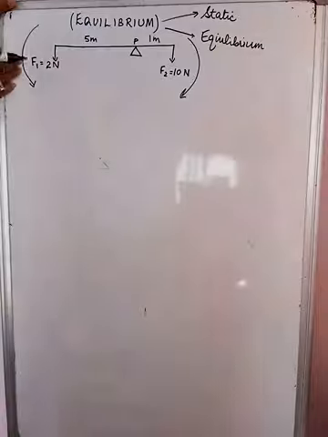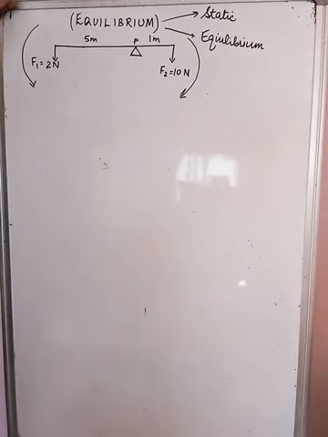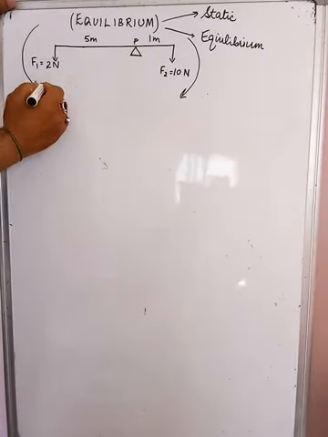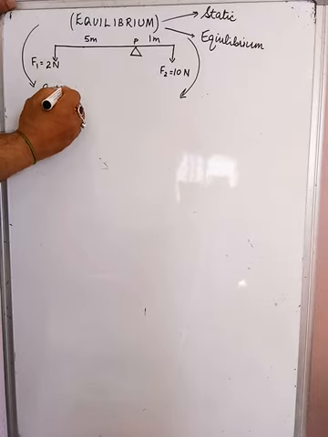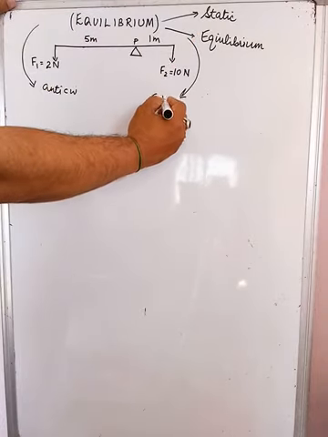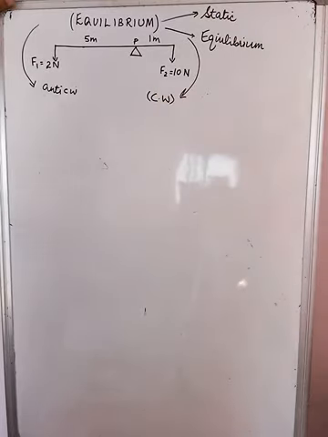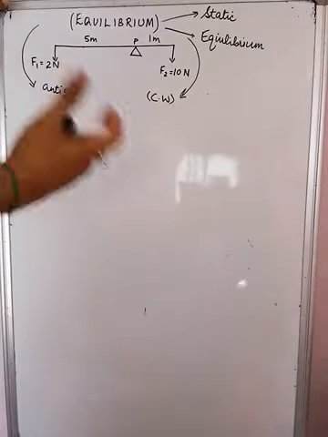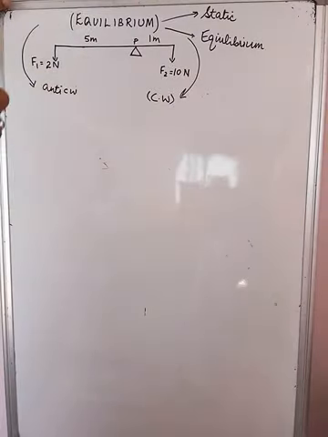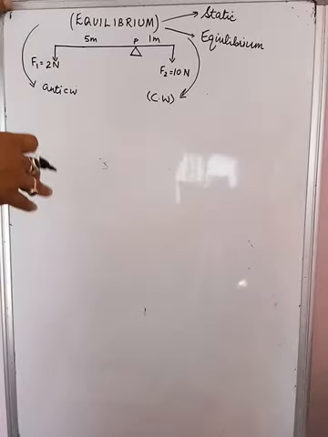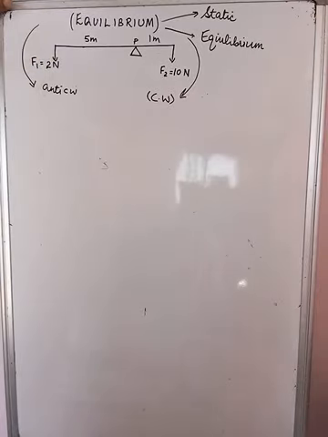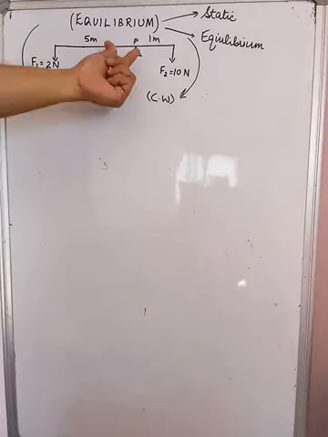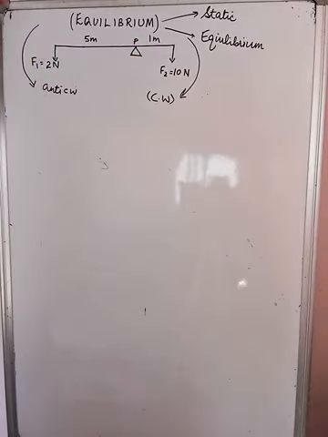Because of force F1, the direction of turn is anti-clockwise, whereas this one is going to be clockwise. So they are actually opposing each other. Once the two moments equal each other and neutralize each other in different directions, we achieve a state of equilibrium about that particular fixed point P, or the pivot P.